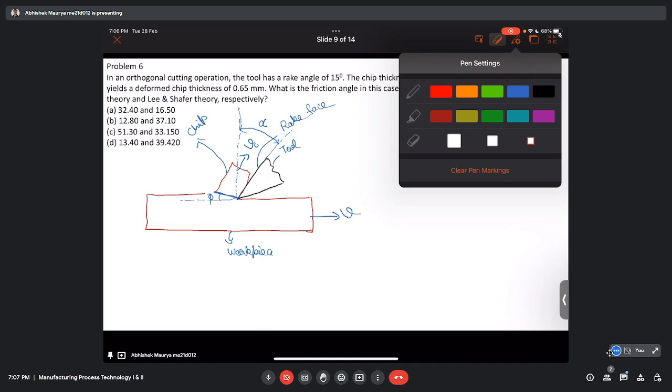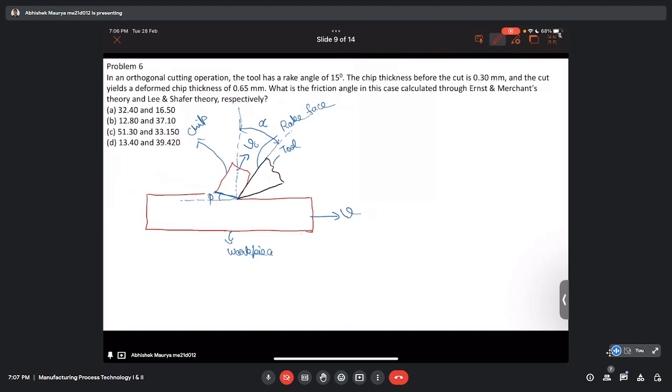Now we will try to see what are the forces involved during the cutting process. If you see the rake surface, what is happening here? Our chip is moving towards this direction.